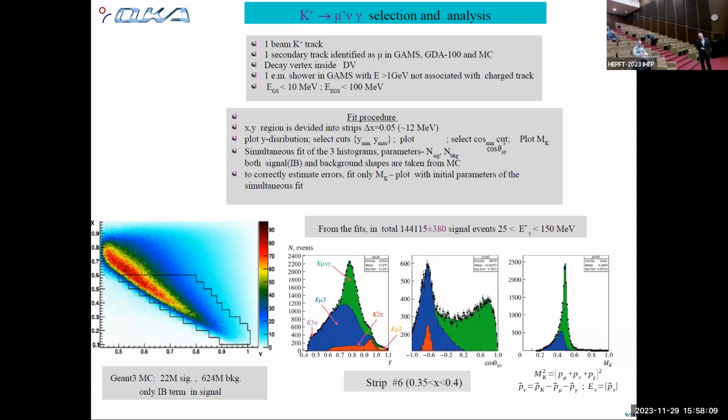So actually, we could fit only this histogram and use it to obtain the number of signal events. But we are fitting all three histograms to get more information.